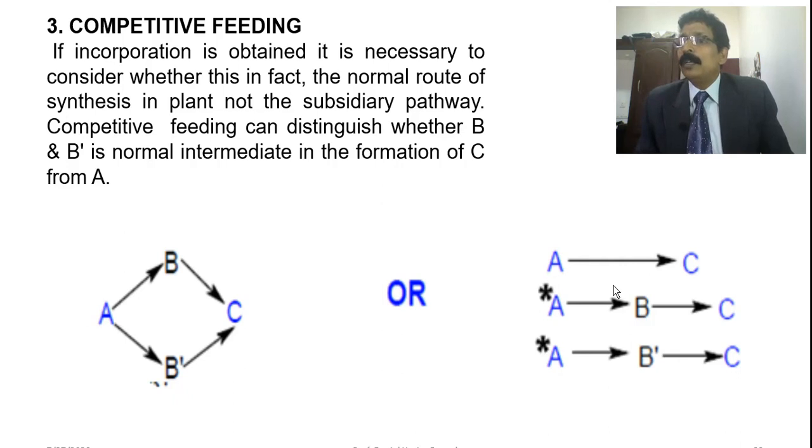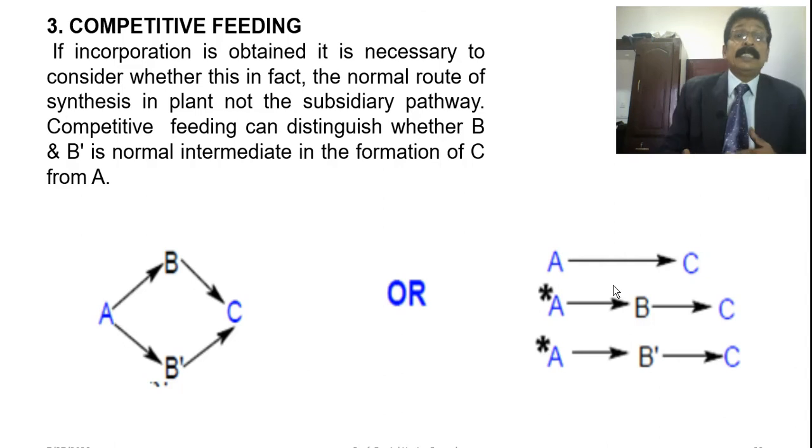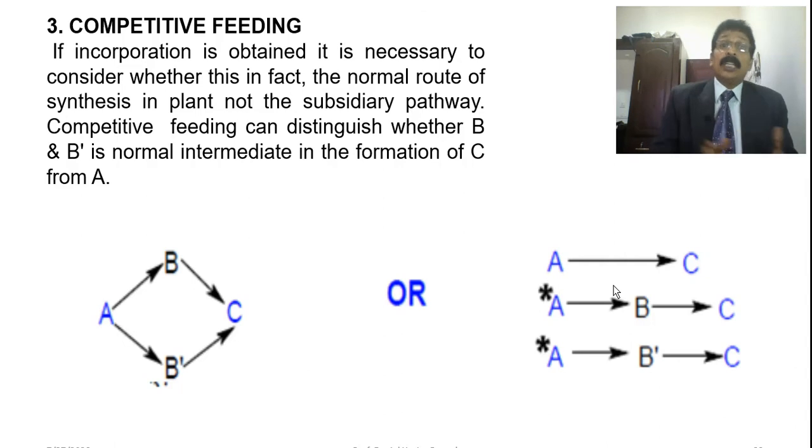Hello? Yes, thank you. In competitive feeding, if incorporation is obtained, it is necessary to consider whether this is in fact the normal route of synthesis in the plant, not a subsidiary pathway.